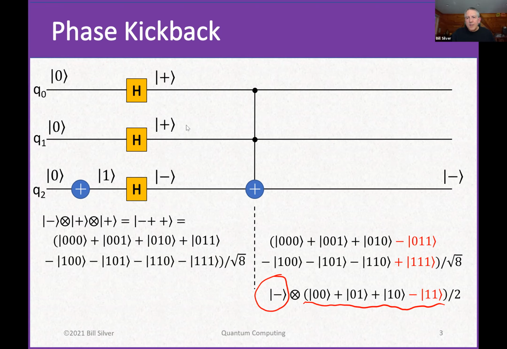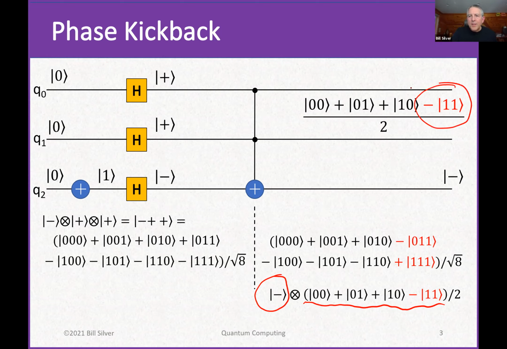state is that, oddly enough, the qubit that's supposed to be controlled ends up being the same as it was and unentangled with the rest. And for the ones that are supposed to be the controlling ones, one of the basis states ends up being negated.